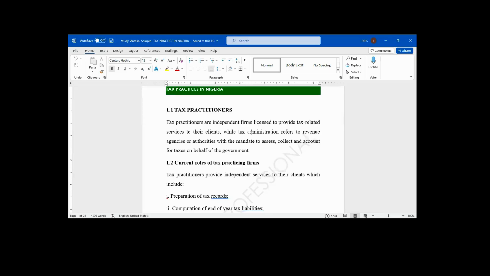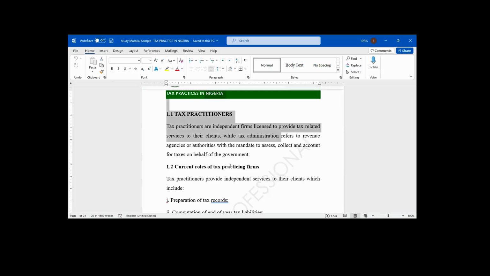Tax administrators are the revenue agencies or authorities which are mandated to assess, collect, and account for taxes on behalf of the government.